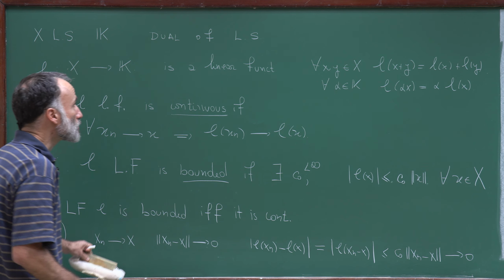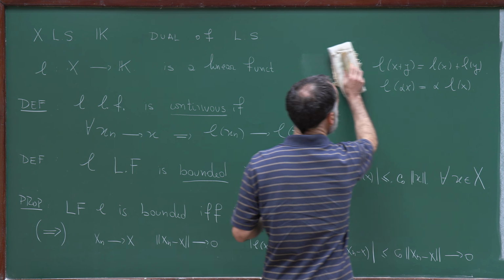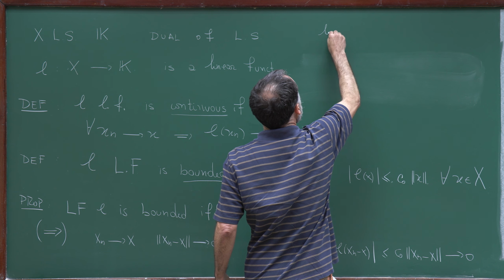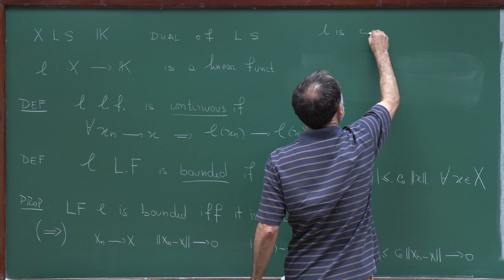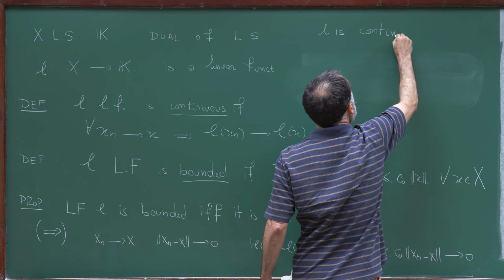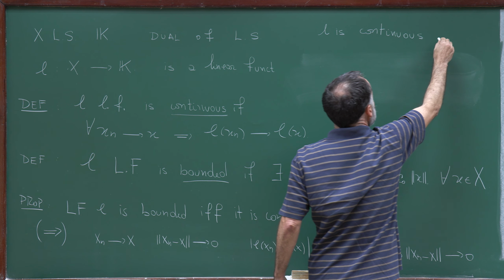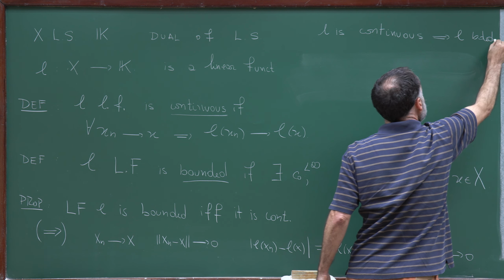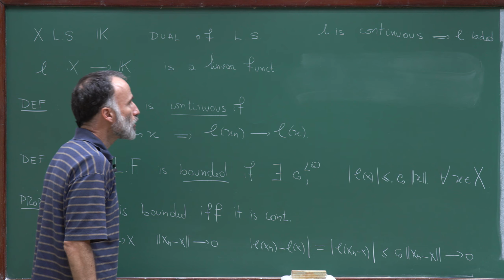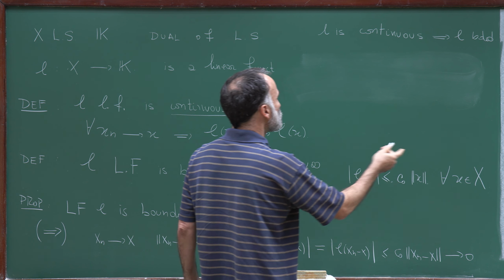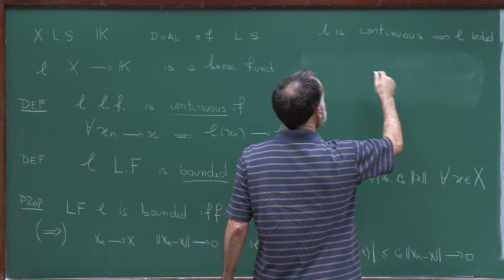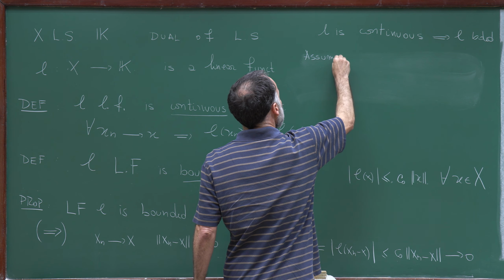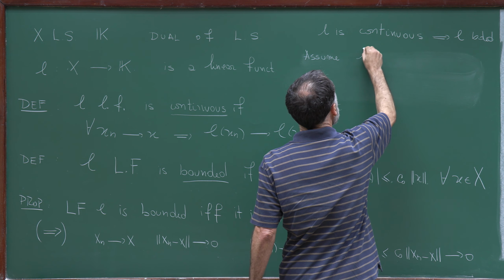So now let me show the converse statement. Let me assume now that L is continuous, and let me prove that this implies that L is bounded. I will prove it by contraposition, so let's assume that L is not bounded.